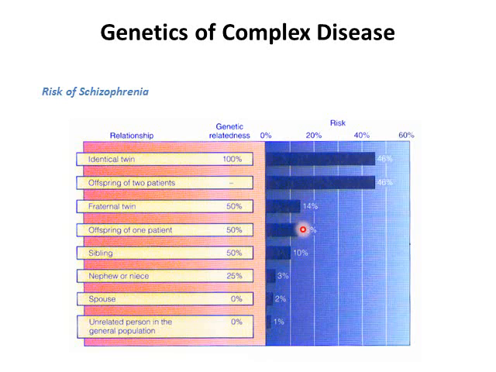And you can see that this likelihood decreases if you go to second degree relatives, with reduced genetic similarity, whereby siblings, fraternal twins, and offspring of one schizophrenic parent have a reduced but still elevated risk of getting schizophrenia above and beyond the general population. So these family studies can be used to show where the likelihood of developing a disease is higher than would be expected in the general population if that disease runs in your family.